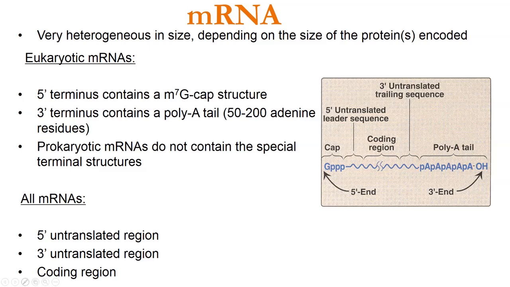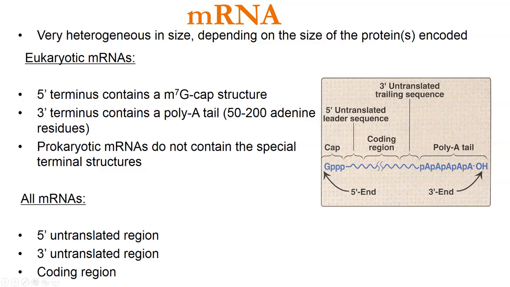The first of the three major classes of RNA is messenger RNAs. They're very heterogeneous in size. The other two major types of RNAs we're going to talk about have very distinct sizes, but messenger RNAs are all over the map. It really depends on how big the protein is that's going to be translated from that messenger RNA.